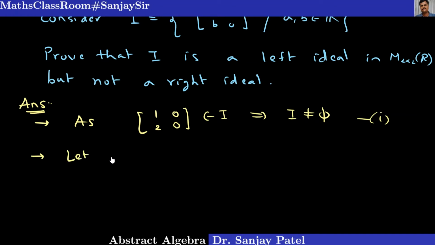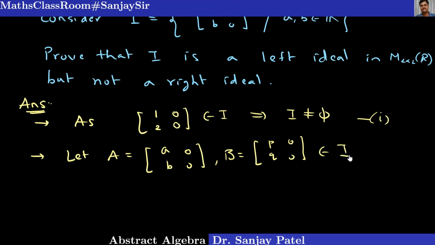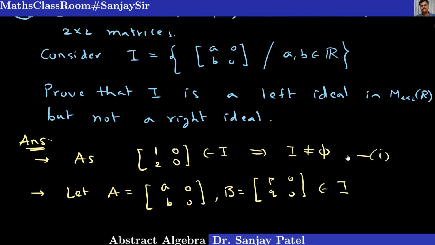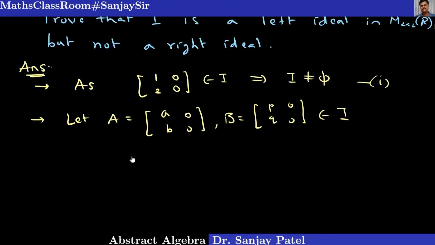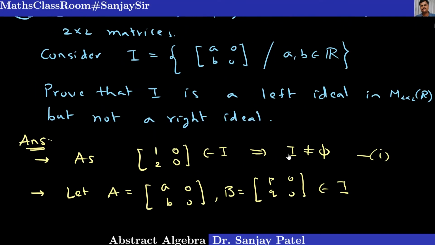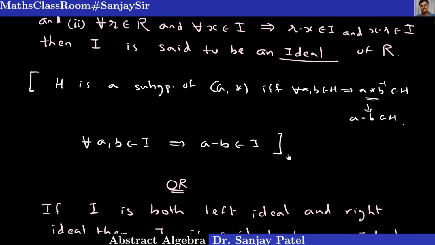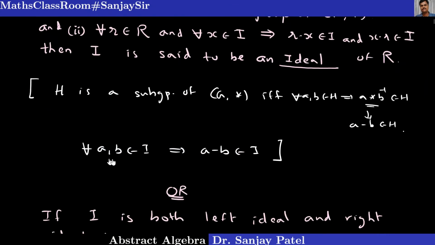Let A be [a b; 0 0] and B be [p q; 0 0], both belonging to the set I. One matrix I am denoting by capital A, the other by capital B. What I should prove is that A minus B belongs to I. Whenever A and B belong to I, you should prove A minus B belongs to I. We have already discussed this.